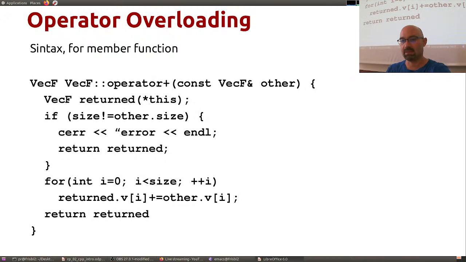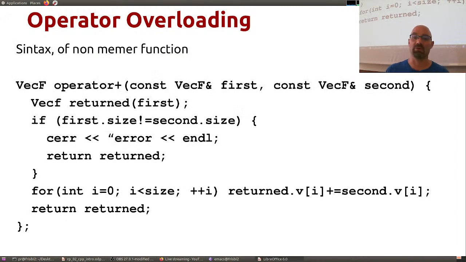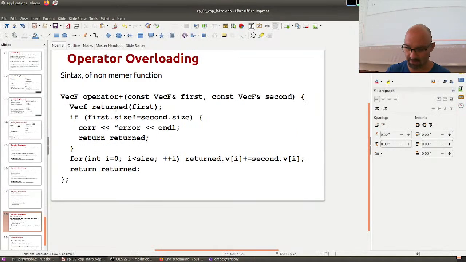Now, this is if you implement the overloading inside the class. If you implement the overloading outside the class, not much different, right? The only thing is that I've been consistent with the errors.